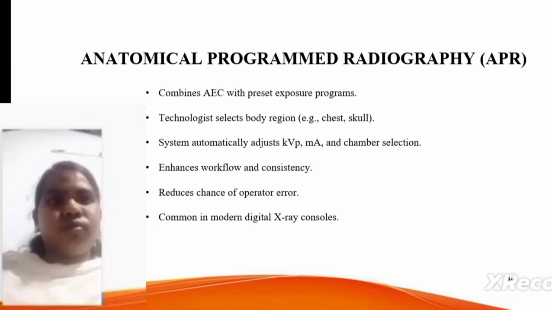Anatomically programmed radiography combines exposure control with preset exposure programs. The technologist selects the body region, for example chest or skull. The system automatically adjusts kVp, mA, and chamber selection. It enhances workflow and consistency and reduces chances of operator errors.